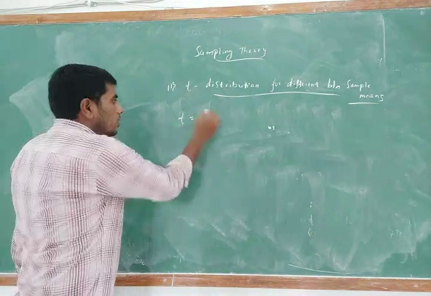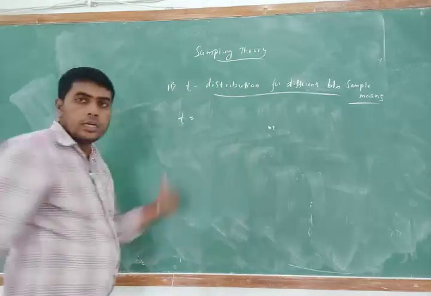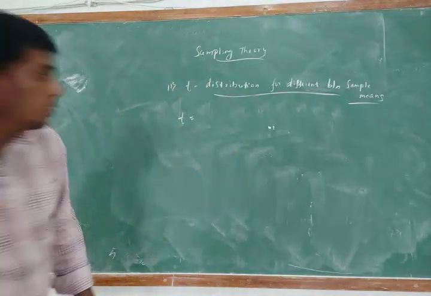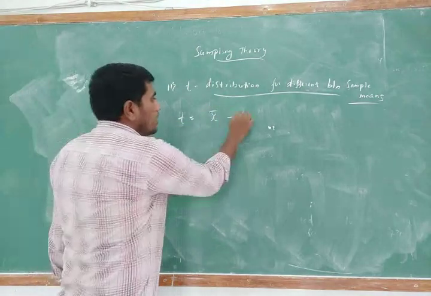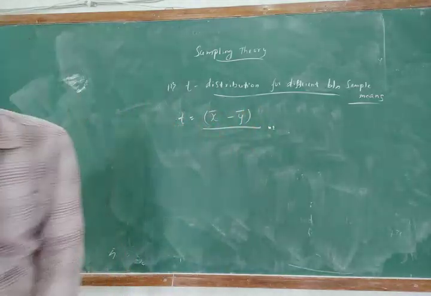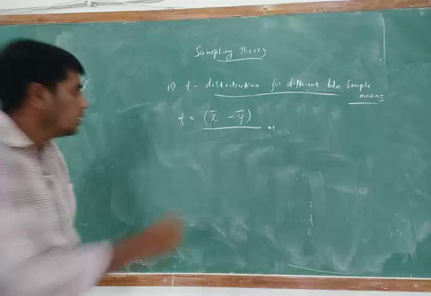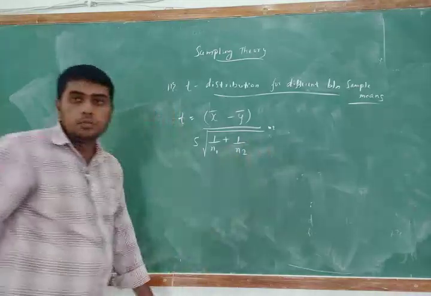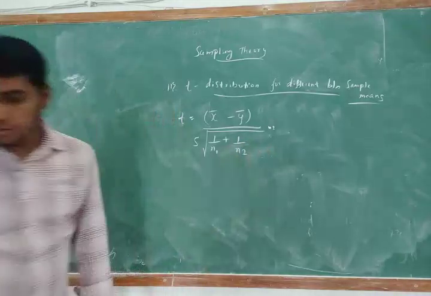So t is equal to, two samples will be there, right? So x bar and y bar here: x bar minus y bar divided by square root of, 1 divided by n1 plus 1 divided by n2. So now I need to find.